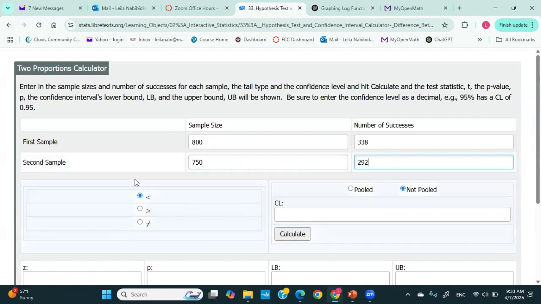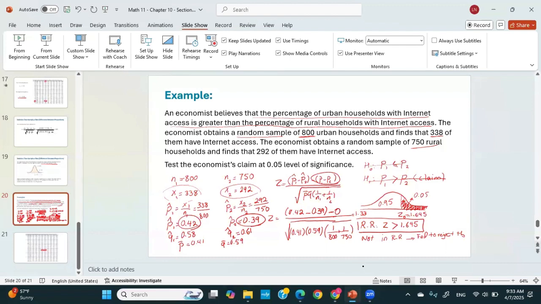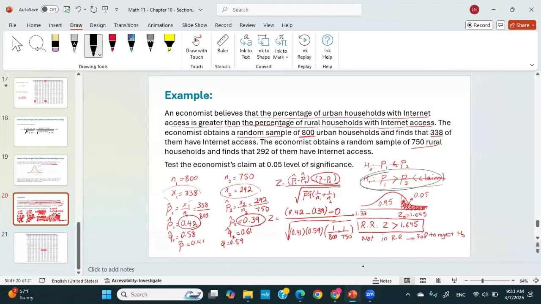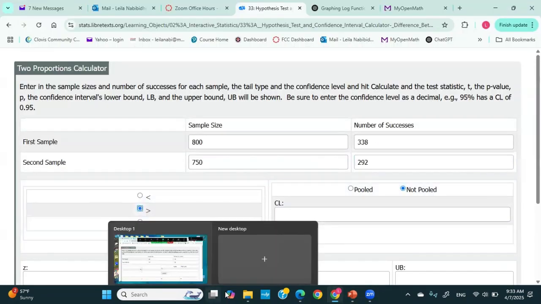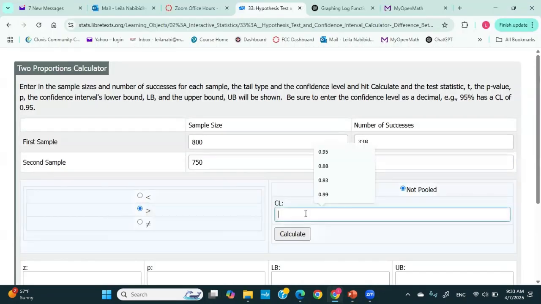Make sure to select the correct notation here, because if you don't, you may get a completely different answer. This depends on the claim. The claim says greater than, so I need to choose greater than. I also need to choose the confidence level, and the confidence level is 1 minus the significance level.